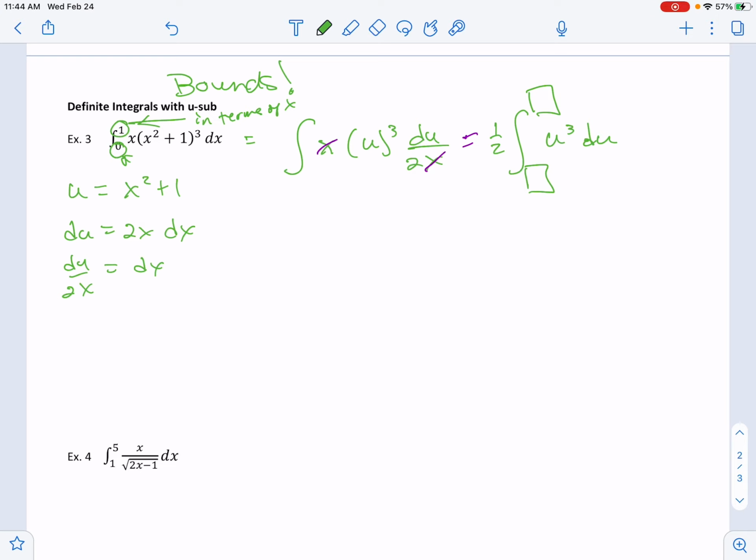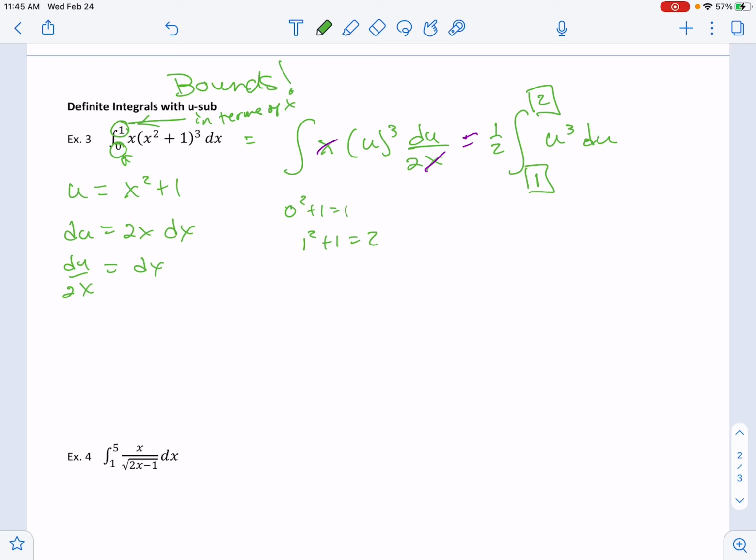So what I do is you plug it in here. You have 0 squared plus 1 is 1, so this one becomes a 1. And this was a 1, so 1 squared plus 1 is equal to 2. So I'm going to integrate from 1 to 2. Now they're in terms of u.